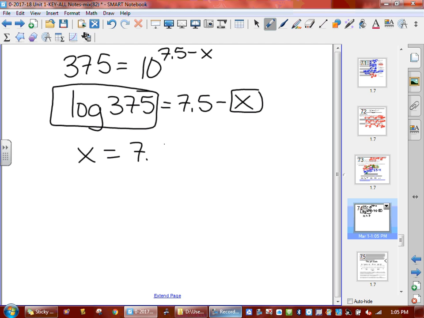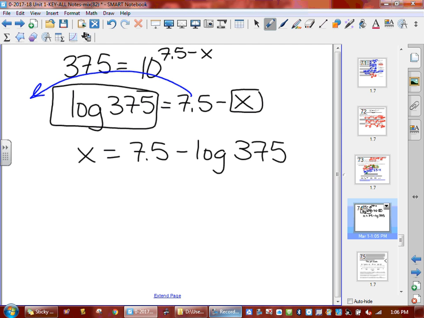Now, I'm going to show you the algebraic reason of why that works. We're taking things across the equal sign. All we're doing is literally rearranging an equation. So, I need to have this guy on this side. So I would subtract 7.5, subtract 7.5, and then add it to that guy. Now, that gives me a negative x.